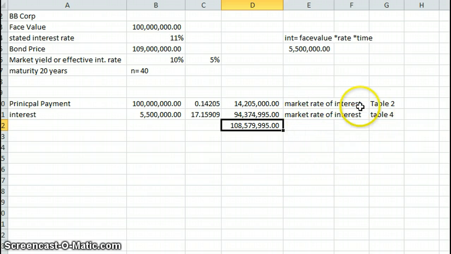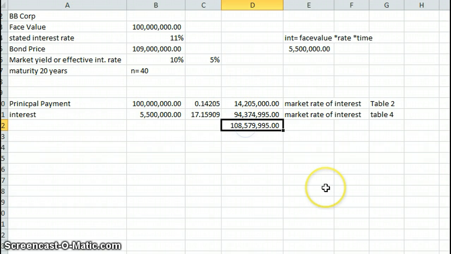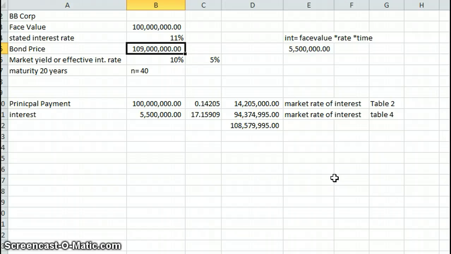That should be the most that we're willing to pay for the bond. We are using the market rate of interest here. So we want to say, okay, based on my perception of the interest for bonds of this risk, I would only be willing to pay $108,579,995. Now this bond is priced at 109, so it's really priced too high. It's more expensive than we think it's worth.